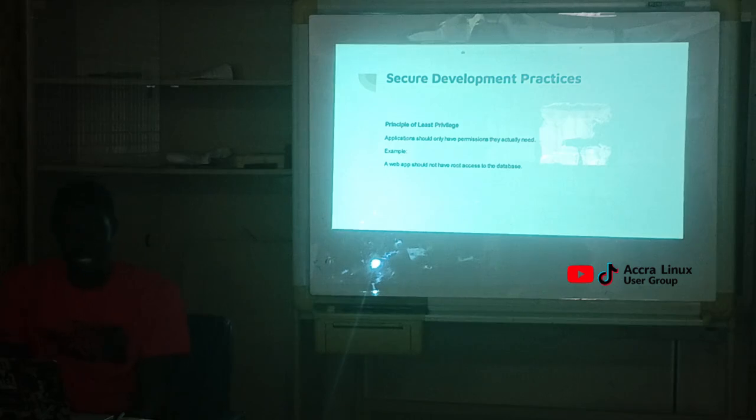What I mean by this is that as developers, we sometimes have a lot of projects running, and we just have one database on our machine. All of them should not have root access to the database. They should all have access to their own parts of the database. They shouldn't be able to access other people's parts of the database. And this is what we mean by the principle of least privilege.